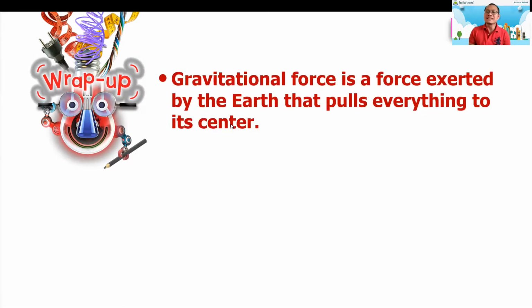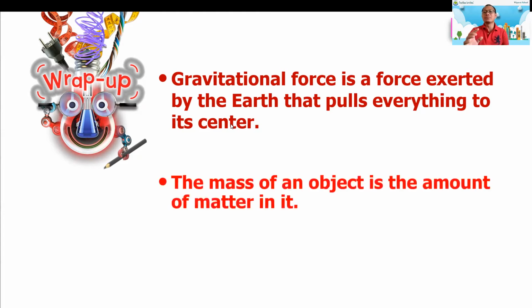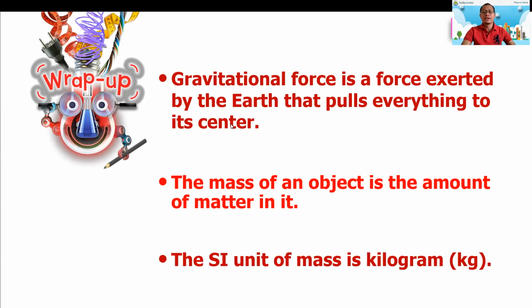Gravitational force is a force exerted by the Earth that pulls everything to its center. The mass of an object is the amount of matter in it, and the SI unit of mass is kilogram or kg.